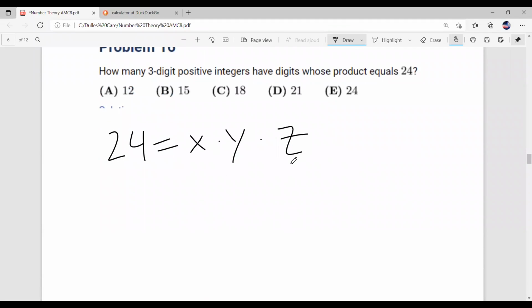So this is kind of a combo problem, really. Like Andrew said, we know that 24 is equal to 2 cubed times 3.